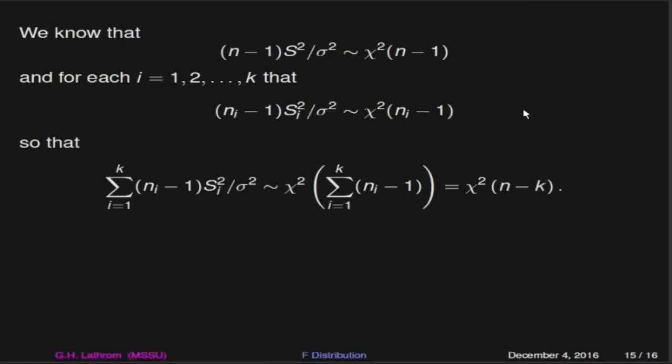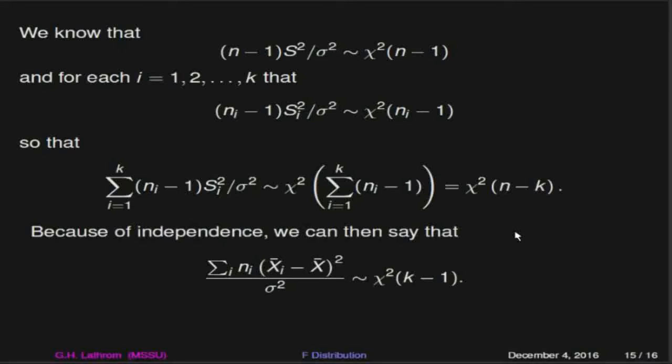And so because we add them all together, that will give us a chi-square distribution with the sum of degrees of freedom, which is just going to be our total number of samples minus k, where k is going to be our number of groups. And then because of the independence, that will allow us to say that that second sum is also going to have a chi-square distribution with k minus 1 degrees of freedom.